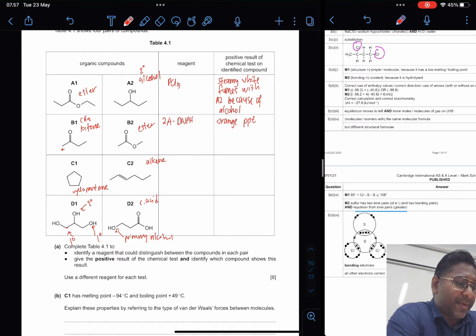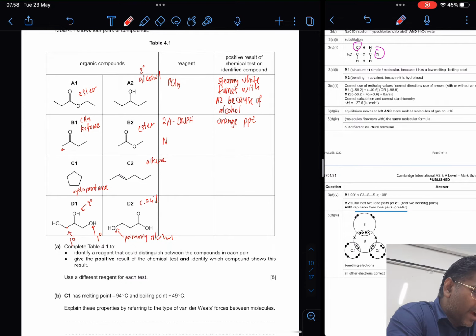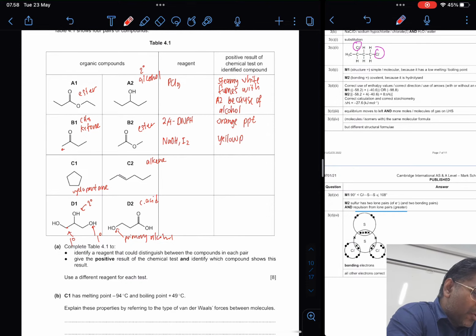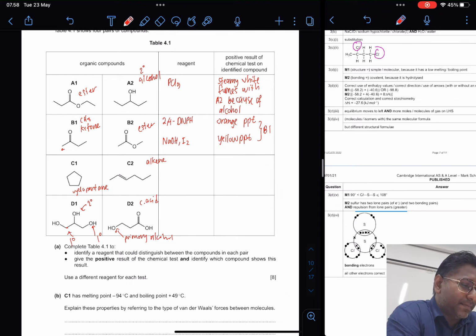If you want to use the triiodomethane reaction, so NaOH with I2, or alkaline iodine, you will get a yellow precipitate, because of the B1, both of them for B1. So choose only one when you answer.